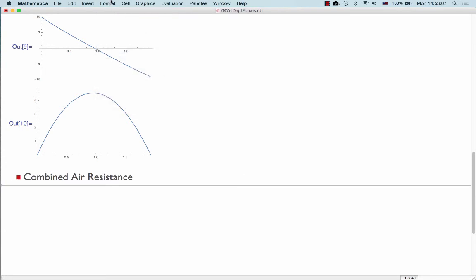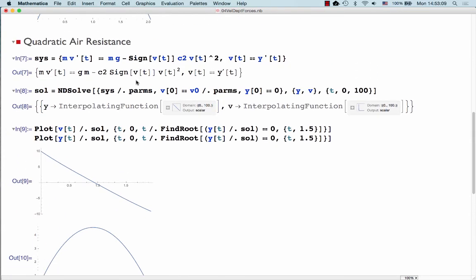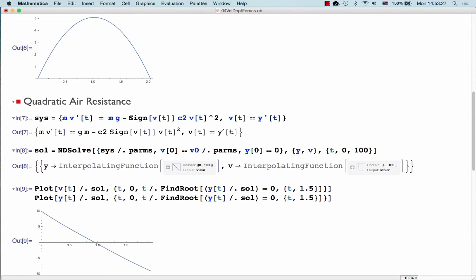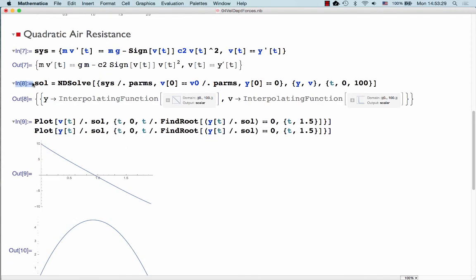Okay, good. So again, we can just do the same old thing of loot and plunder. So we'll copy, paste, and now I just need to throw in the new wrinkle. That'll be the c1 v of t. There it is. We'll solve it.